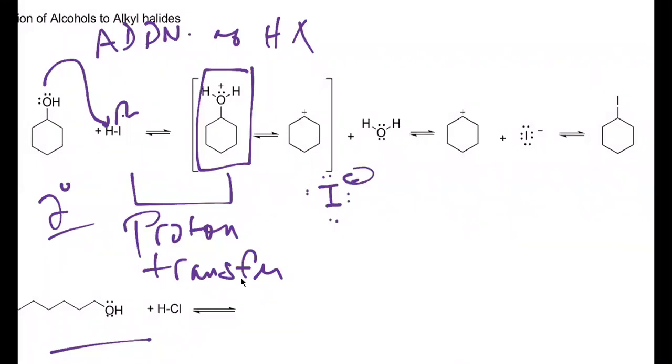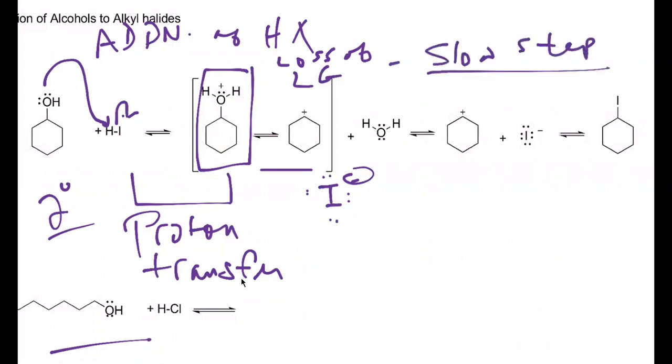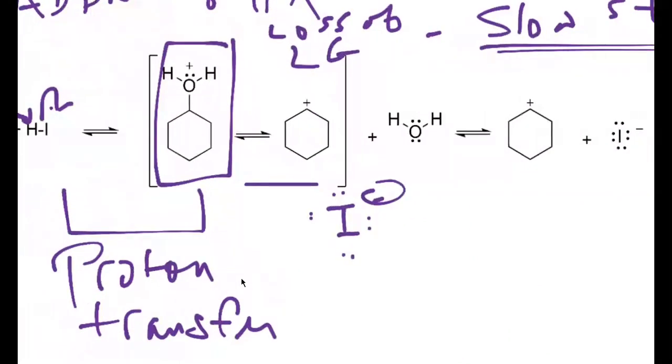And then to go from here to here, that's the loss of your leaving group. Right? This is the slow step. The rate determining step is the loss of leaving group. So how I would show that here is by breaking the carbon oxygen bond, let me get a better arrow than that, just breaking the carbon oxygen bond and giving those electrons to oxygen.